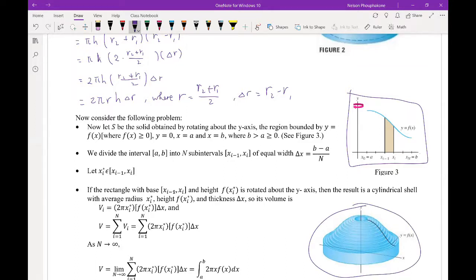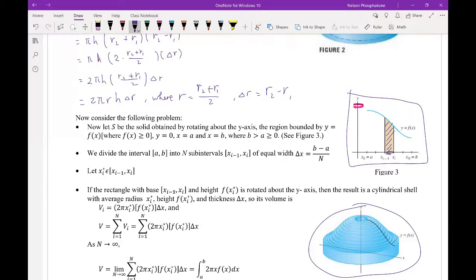Now we are going to separate this into a strip between x sub i minus 1 and x sub i.